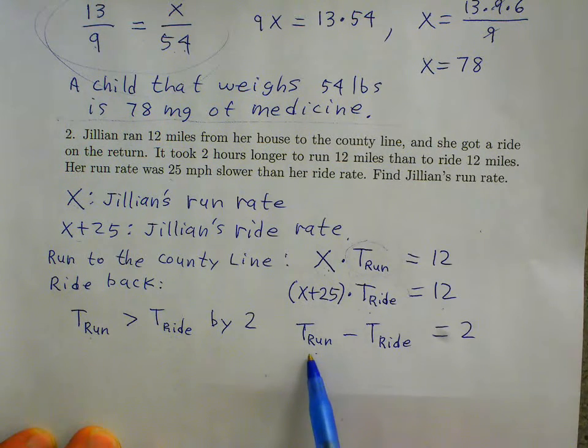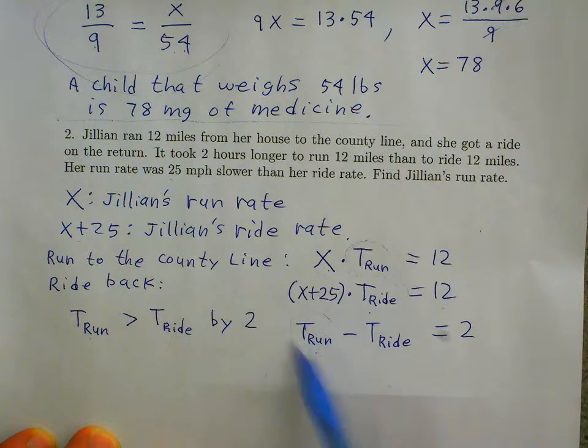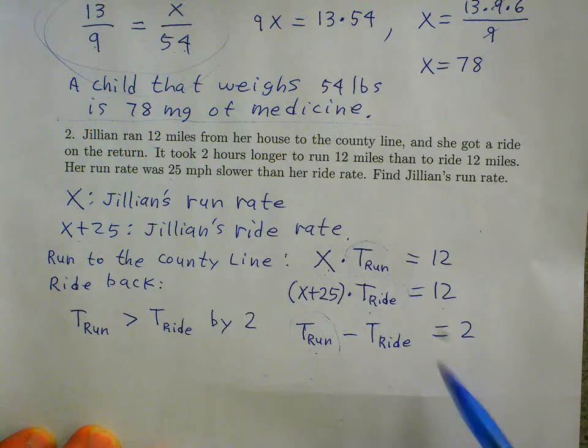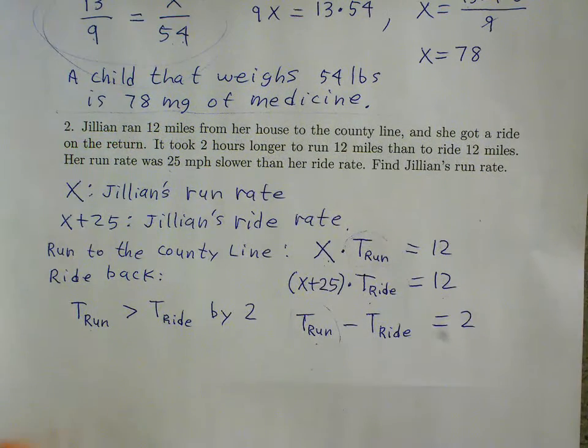So since T sub run minus T sub ride equals 2, can you see a way that we can replace T sub run with an expression involving only X, and T sub ride with an expression whose only variable is X? It will, of course, use other numbers.